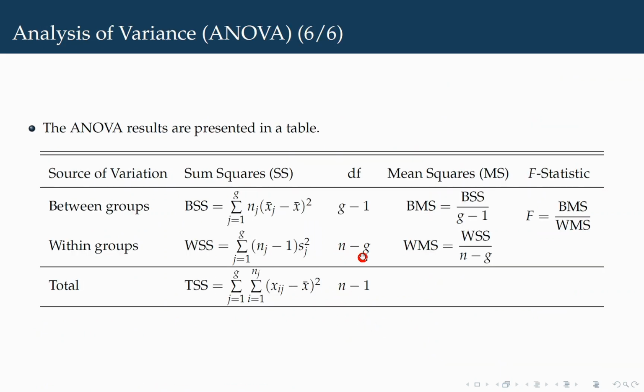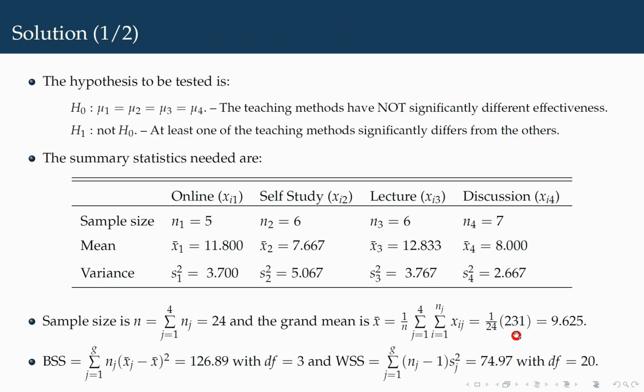N minus g. So n here is 24, g is 3, so this 24 minus 3 should be 21. It's not 20, it should be 21.